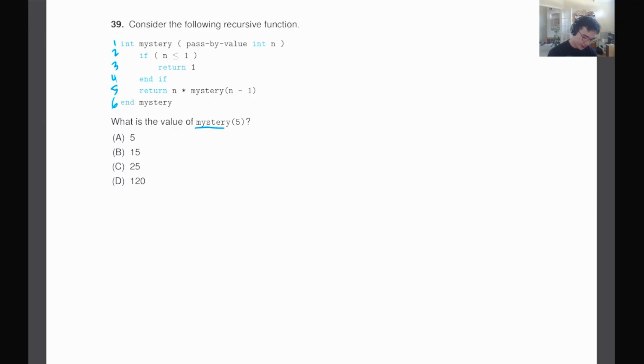So we go ahead and call mystery 5. I'm just going to go ahead and write that down. So I'm calling the function mystery with the parameter of 5. So I go ahead and go to line 1. And this value of n in here, n is equal to 5, right? Because we pass in the argument, the value of 5, and n is now that value of 5.